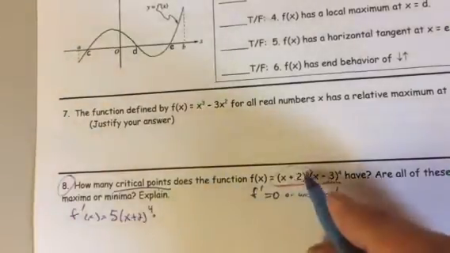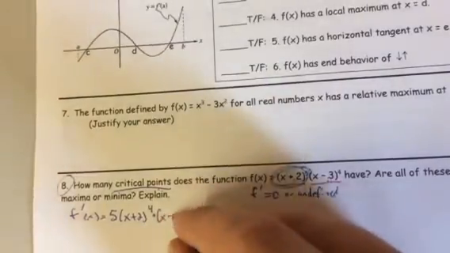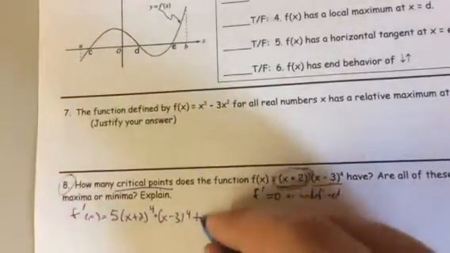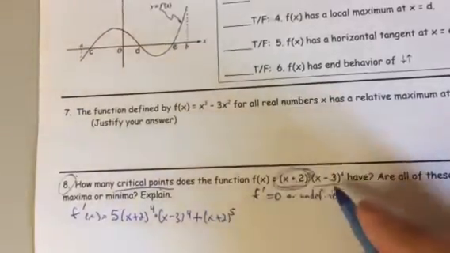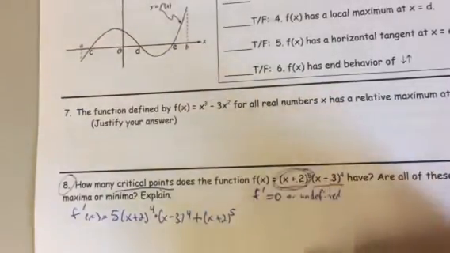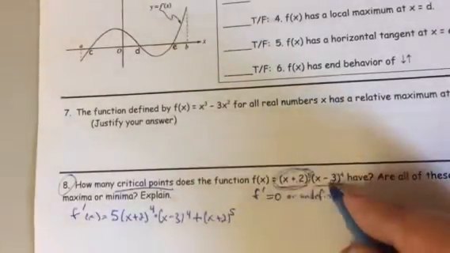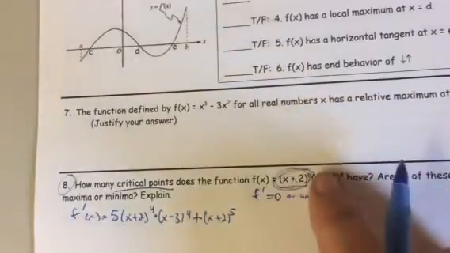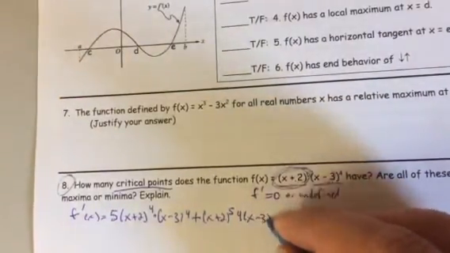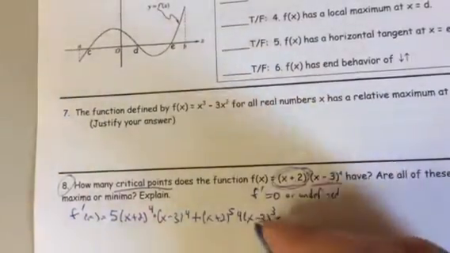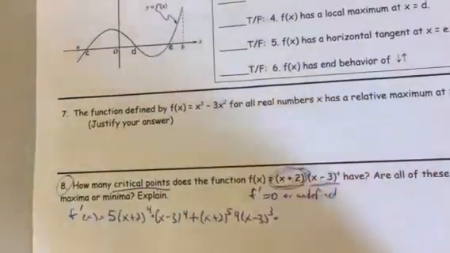Okay, so it's the derivative of the first, times we leave the second one alone, plus we leave the first one alone, times the derivative of the second one. Again, this is a chain rule. Something to the 4th power, the derivative is 4 times that something to the 3rd power times the derivative of the inside function, which is, again, just 1.